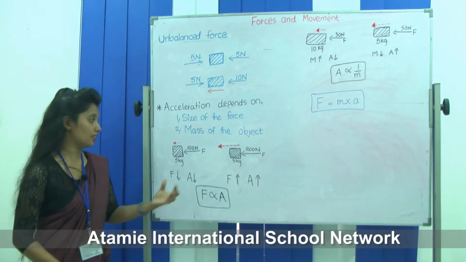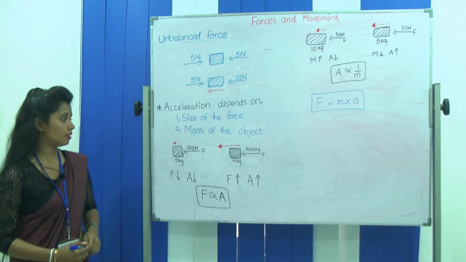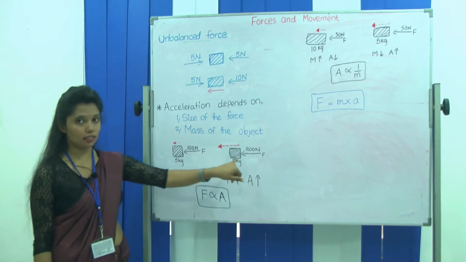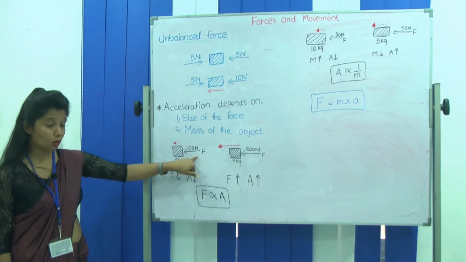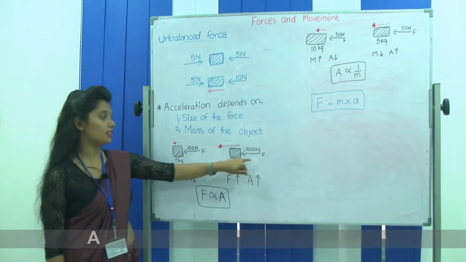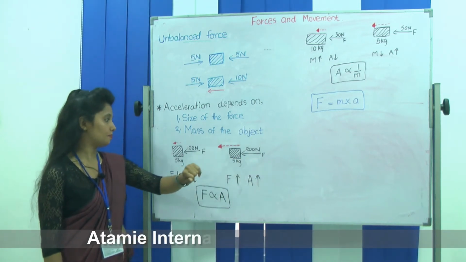Here I have taken two objects with the same masses. The force I have applied for these two figures is different. For the first object I have applied 100 newtons and for the second object I have applied 200 newtons.